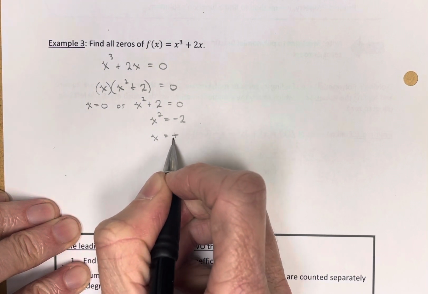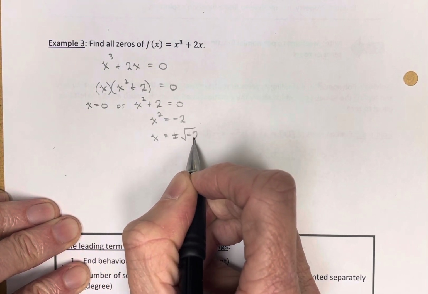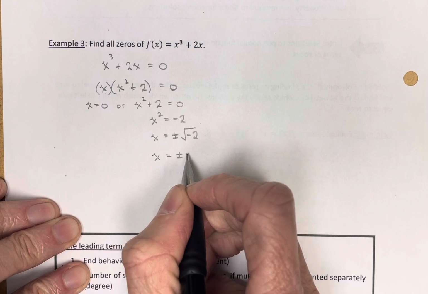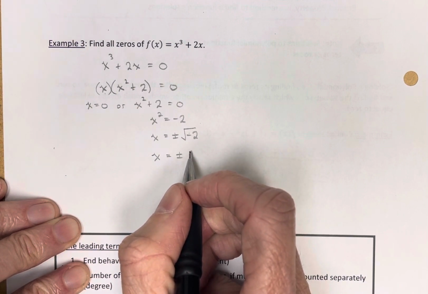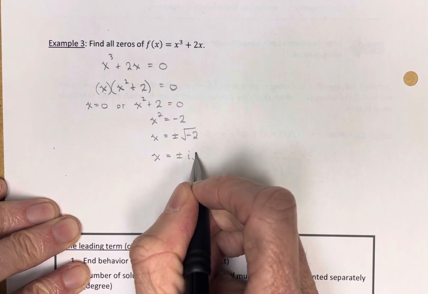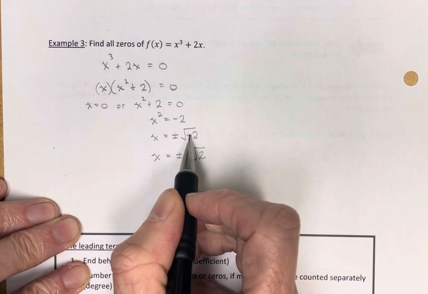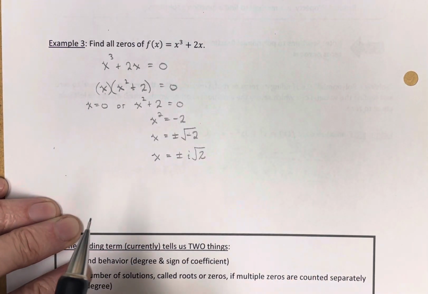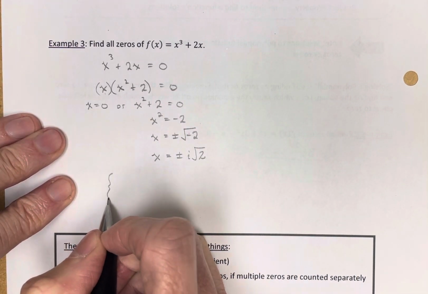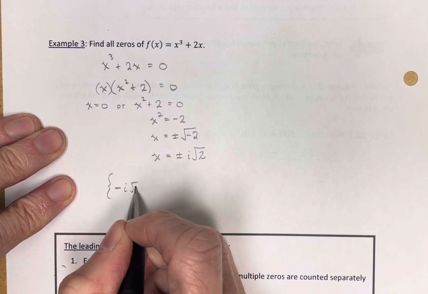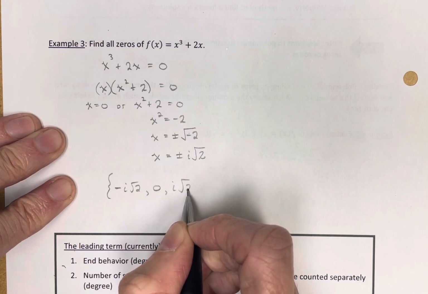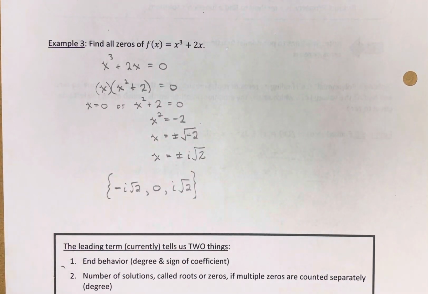X equals positive or negative the square root of -2, which is imaginary, so x equals positive or negative i root 2. Okay, so what is my solution set? Well, I've got negative i root 2, I've got 0, and I've got positive i root 2. There's my solution set right there.